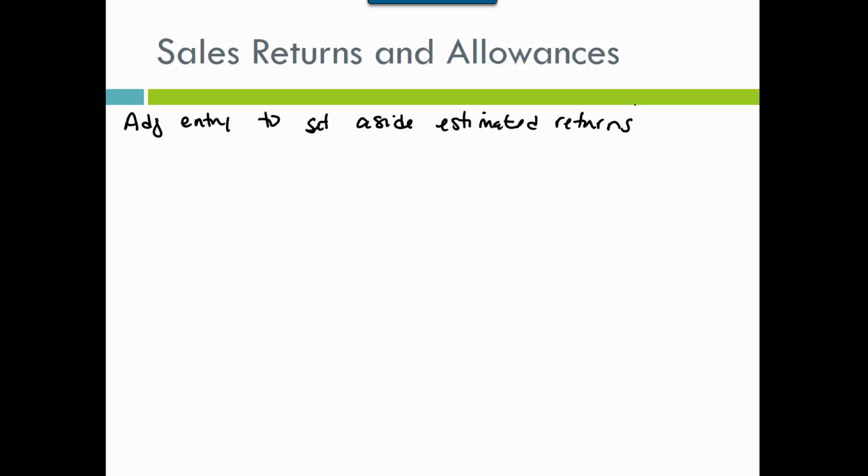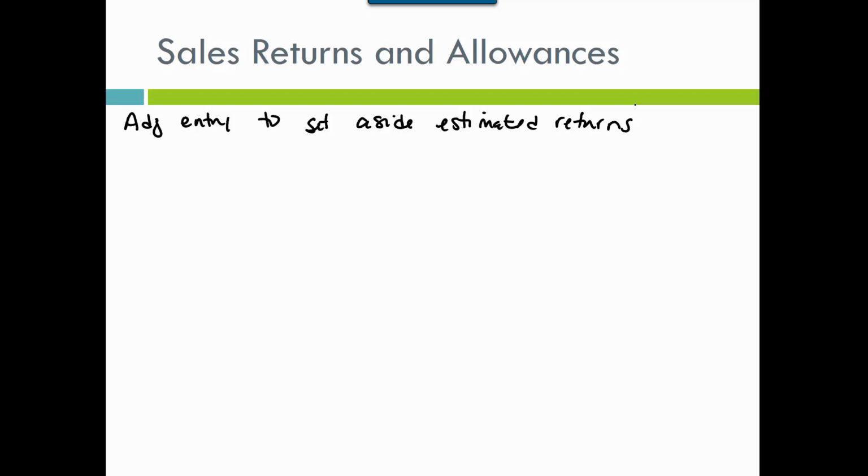In general, I know that 7% of all sales get returned. So you're just going to do an estimate. And so what you're saying is, here's the sales I expect for the year or the quarter or the month. And I know that about 7% of those are going to get returned. I don't know which ones they are yet, so I can't count that. But I know that about 7%, and you would turn that into a dollar amount, is going to get returned, so here's my expected sales times 7%. And then I set that aside.